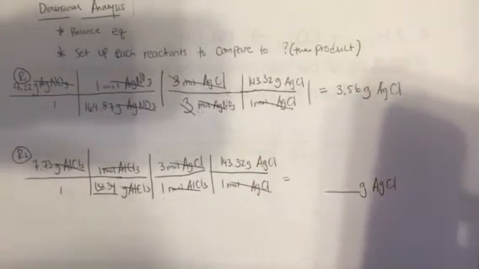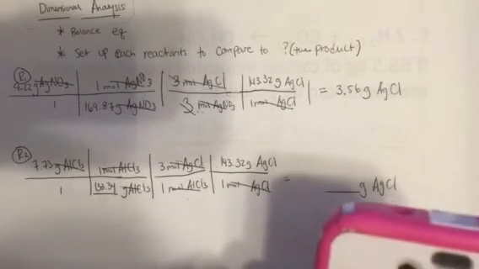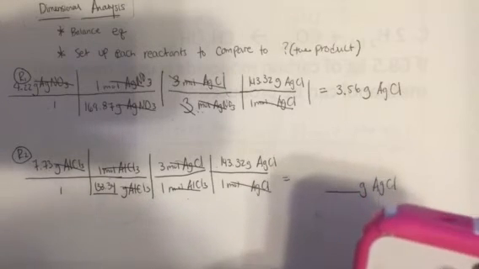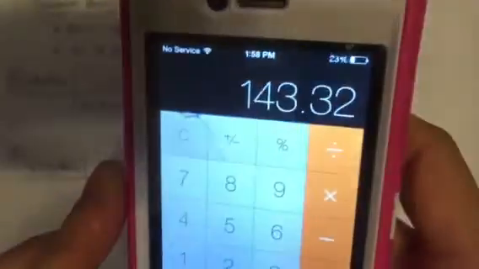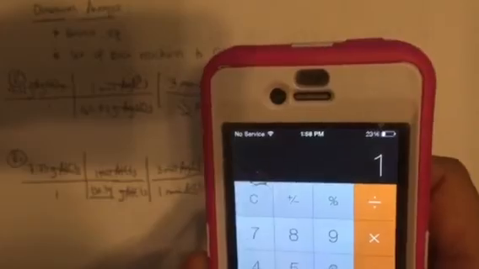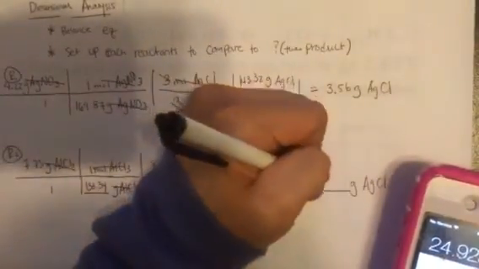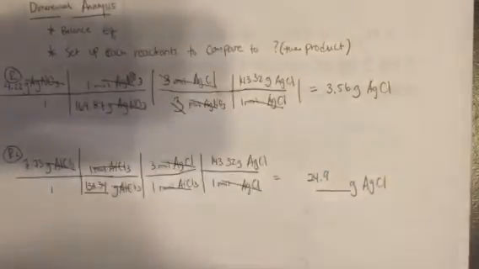So we're going to say 7.73 times 3 times 143.32 gives me that. I want to divide it by that, 133.34, and I get that, 24.93, but I can just leave it at that 3.